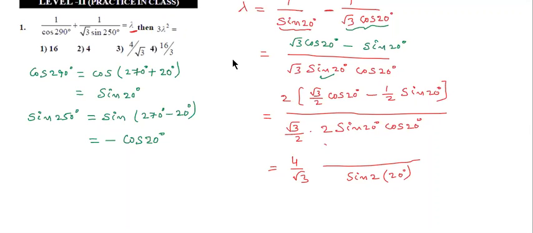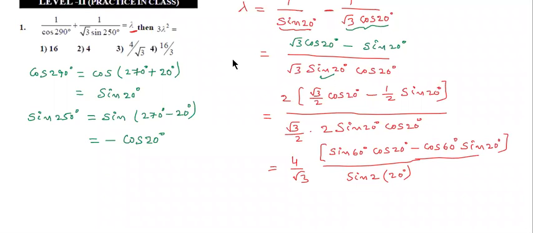Okay, so now root 3 by 2 means I am going to write sine 60 degrees cos 20 minus, already sine is there, 1 by 2 I am writing cos 60 sine 20.